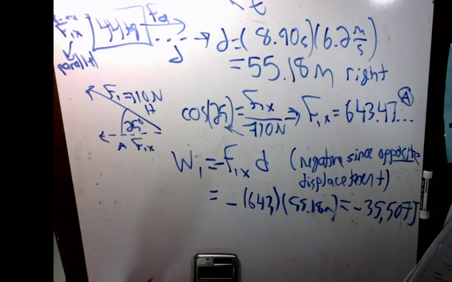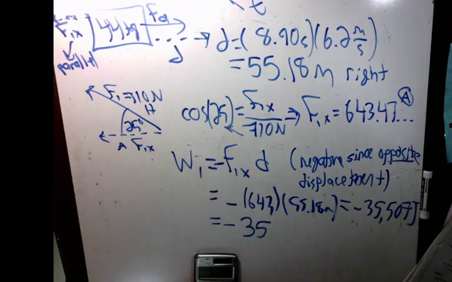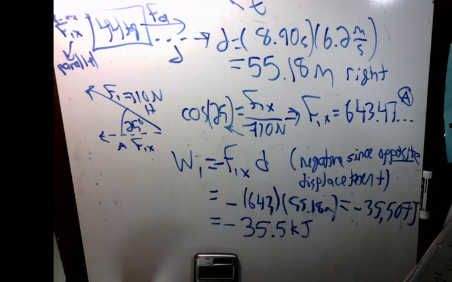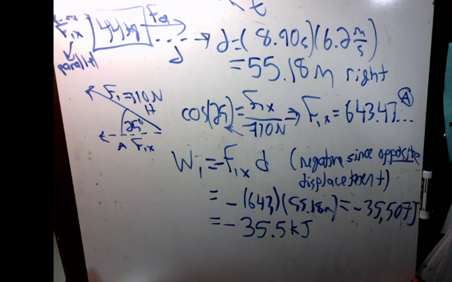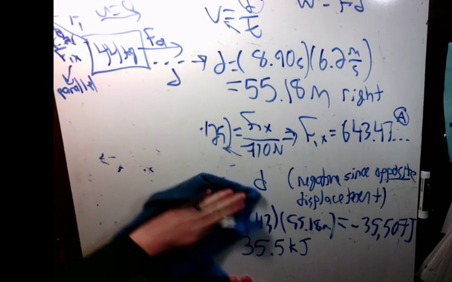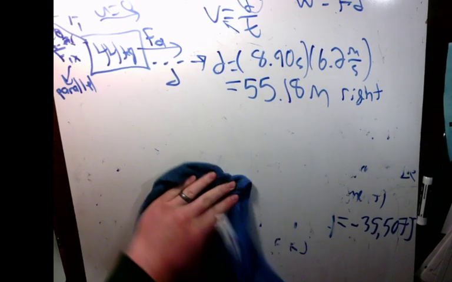We can put that into scientific notation or change our units from joules to kilojoules, which will divide it by 1,000, 3 decimal places over: negative 35.5 kilojoules resisting our motion. Okay, that was A. Now let's try out B, where we're looking for the F2's work. So we're going to be going the same distance.